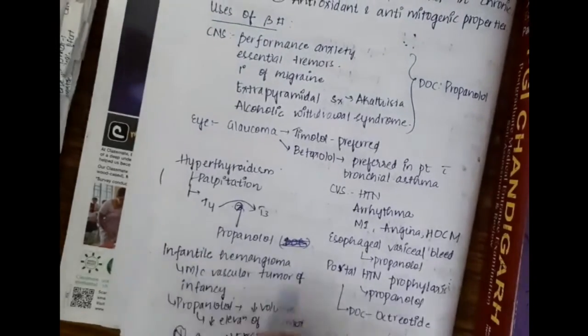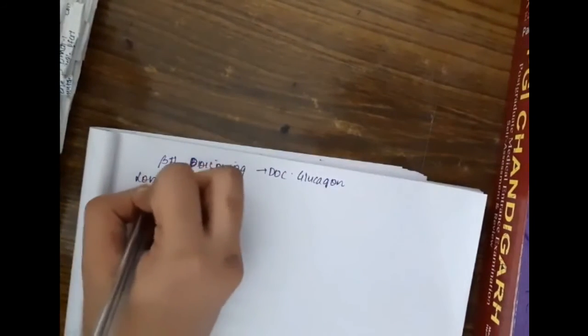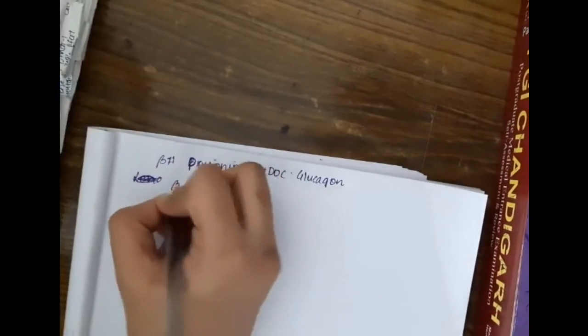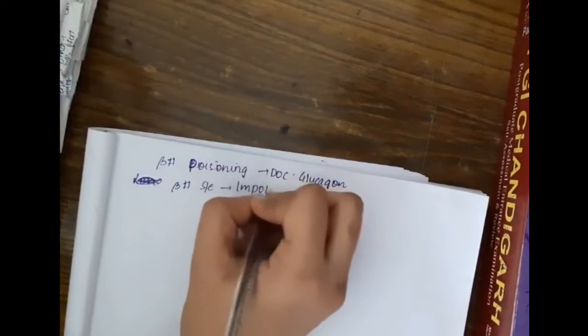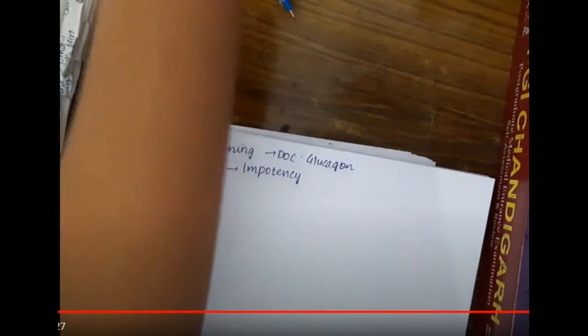This can be blocked by propranolol, which blocks angiogenesis in infantile hemangioma. Then we have beta blocker poisoning. If there is beta blocker poisoning, the drug of choice is glucagon, and beta blockers can cause side effects like impotency. So these are the most important points about beta blockers.